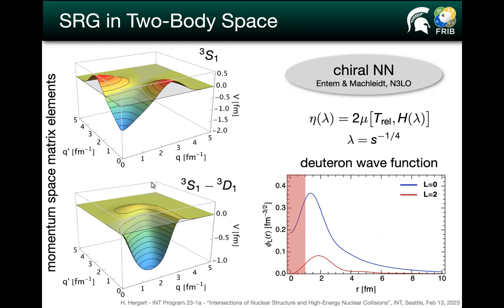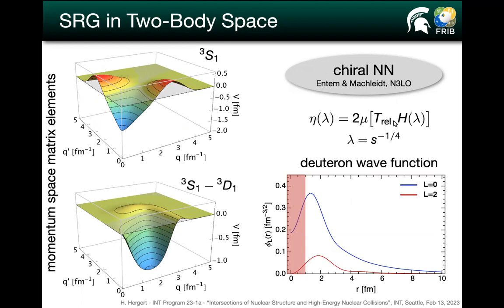This is given in relative momentum states. And then in the lower right corner, I'm plotting the deuteron wave function in relative coordinates that you obtain from solving the Schrödinger equation with this potential, which just shows that you have S-wave and D-wave components, and there's this kind of suppression of the wave function at short relative distances, which comes naively from the repulsive core of the interaction if you apply a local picture of your interaction right there.